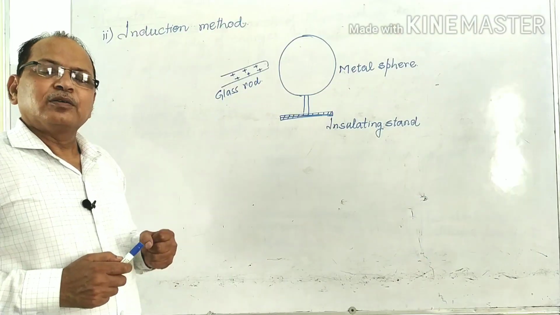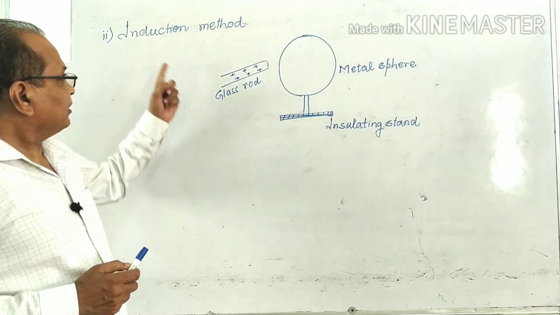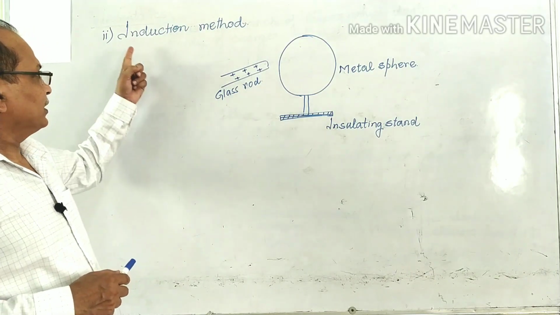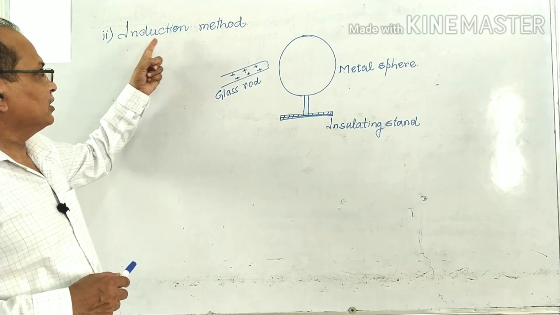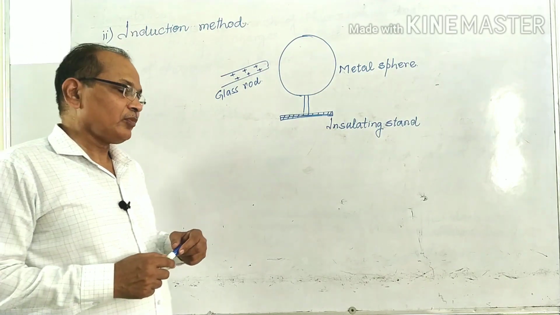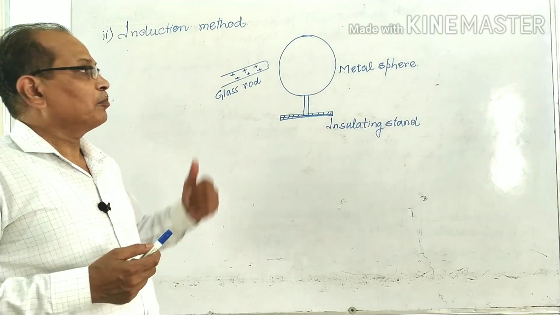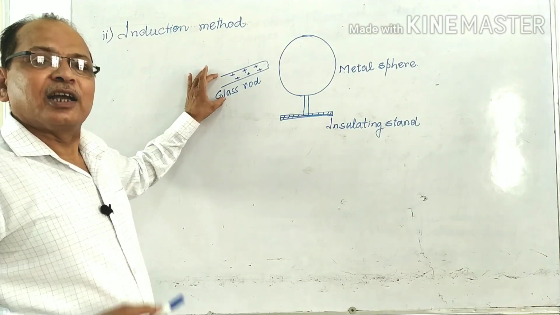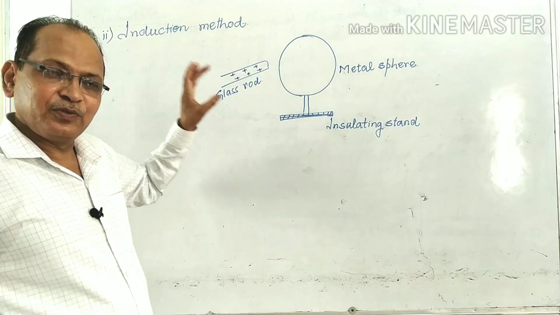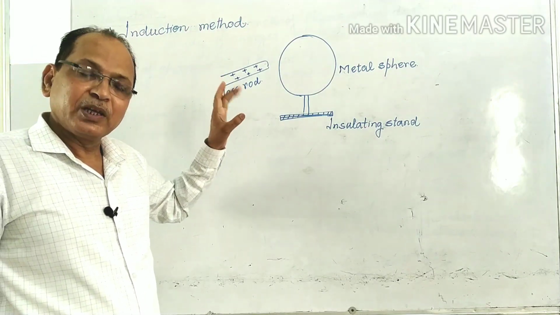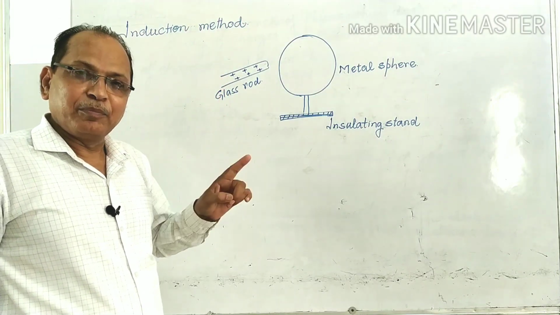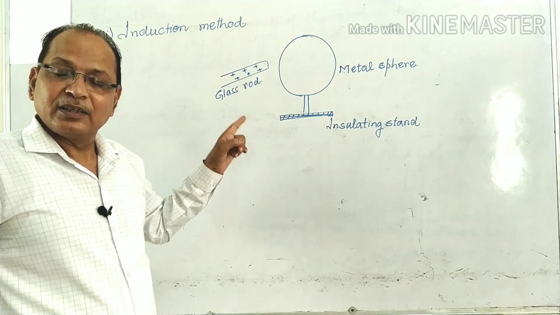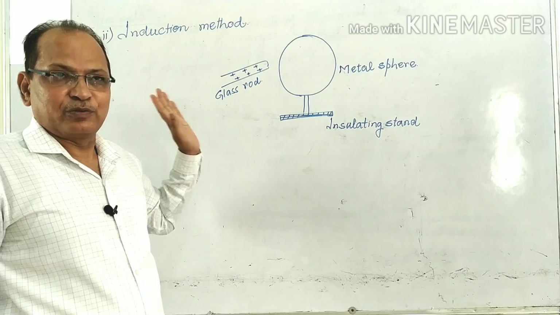Now students, we will study the second method for production of electric charges, and this method is the induction method. How do charges develop by the induction method? This is a charged glass rod. As we studied previously, if we rub the glass rod with silk, then the glass rod attains positive charge.